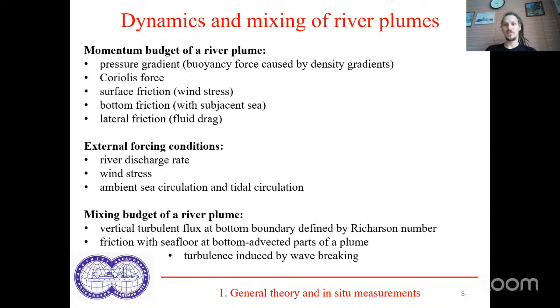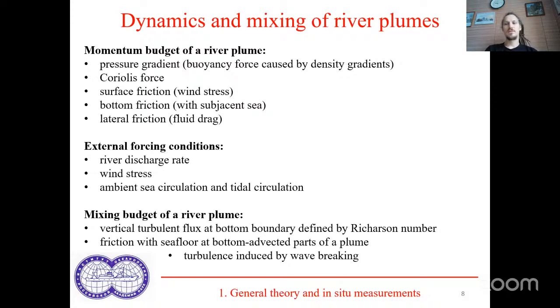So again, what we need this slide for. It's another text slide without any pictures, but we need it because we want to model river plumes. And in some cases, it is easier to model a river plume than to model the general circulation in the sea.